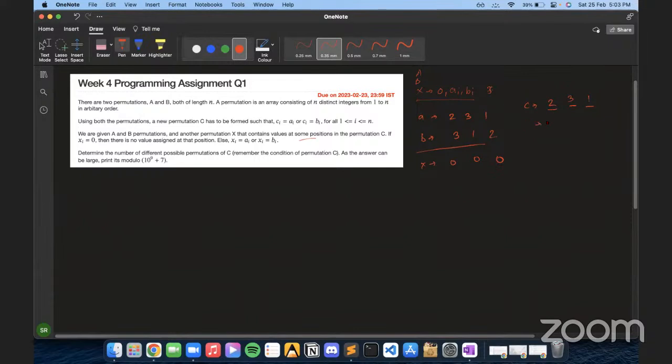The second permutation we can consider is taking 3 at the first position. If we take 3, then at the second position we cannot take 3 again, so we have to take 1, and then 2 is left. So in this case, a total of 2 permutations are possible for C.